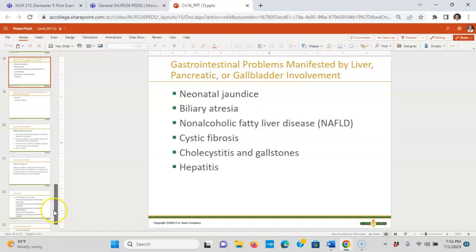So neonatal jaundice is usually the breakdown of red blood cells and the immaturity of their liver. All those blood cells are going to the liver quickly, causing a yellow staining in their eyes. So again, every baby gets a test before they go home. We talk to them about severe jaundice.